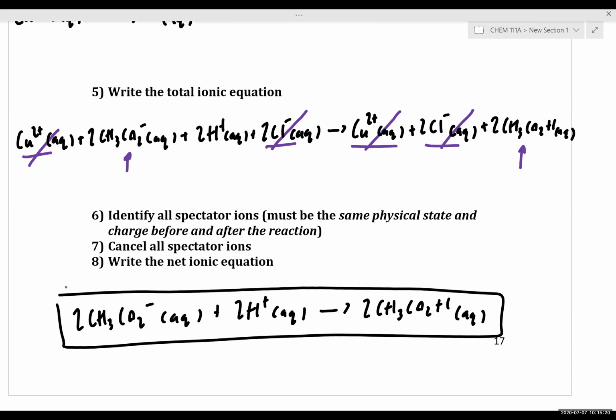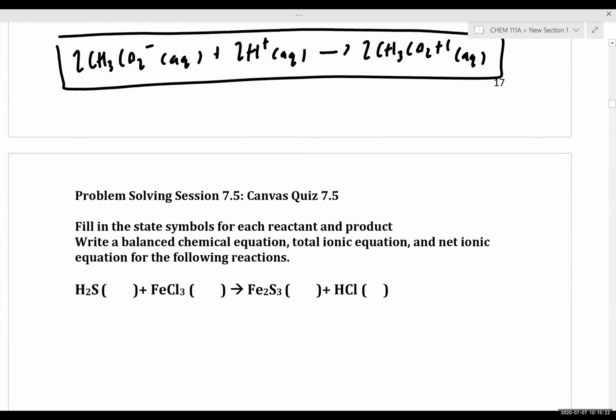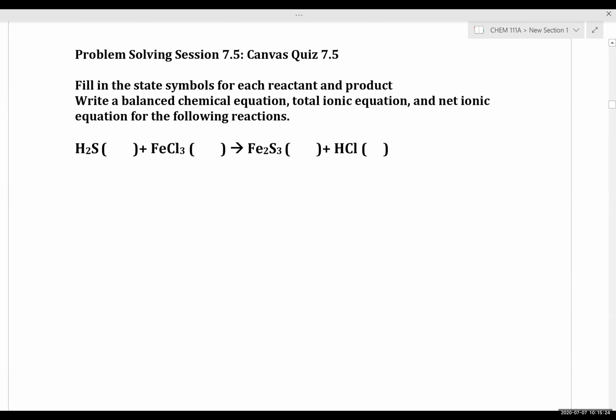Okay, so let's try to apply what we've learned, and let's work on the following example. And don't be shy to submit your responses via the chat or verbally. We'll focus on trying to write out a total ionic and net ionic equation for the following reaction. Make sure to balance it first, and then we'll discuss this example in about 5 minutes.